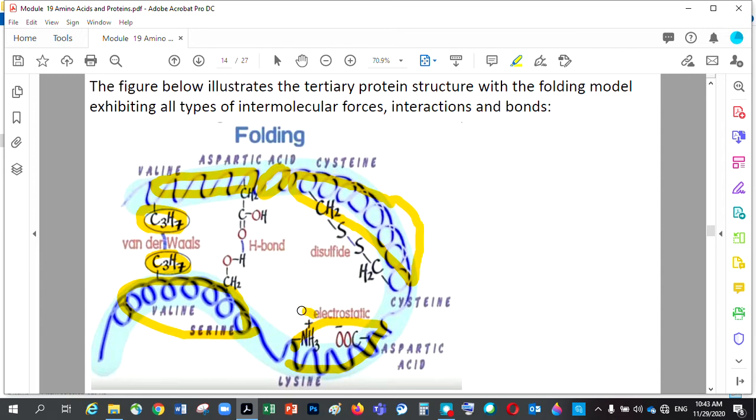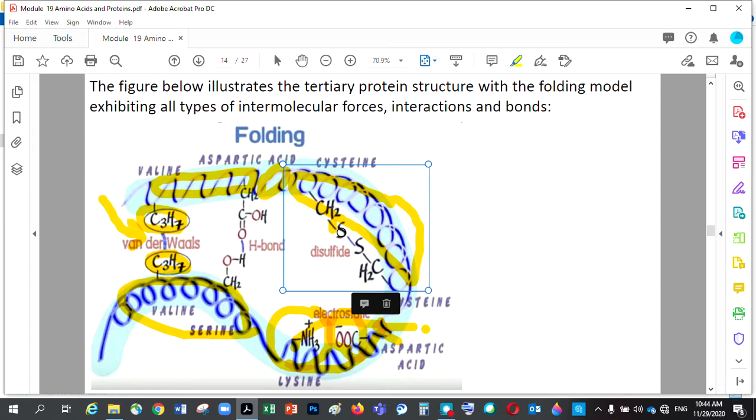You can see here, this one here is positive. This one is negative here. So you can see this is hydrophilic interaction, hydrophilic or ionic. Now another form, we have the interaction of the disulfide bond.